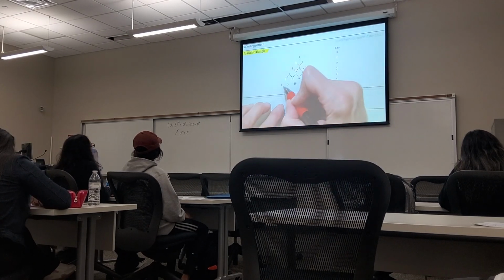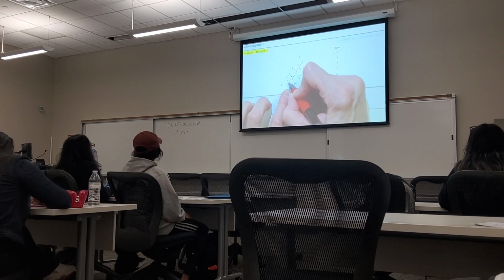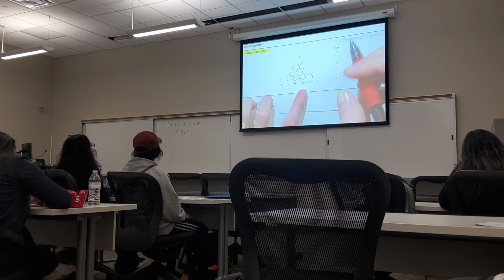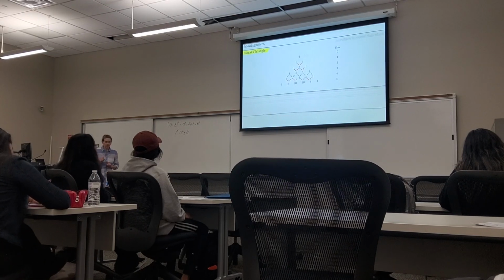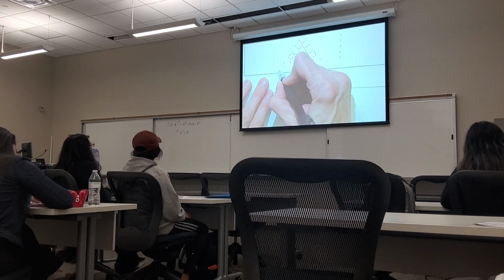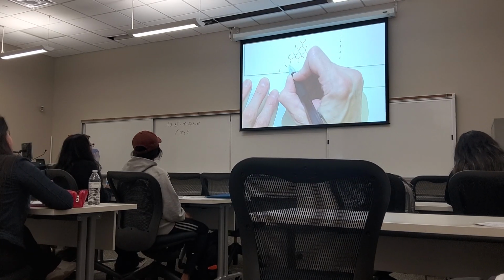Then if I start with 1, it would be 1 plus 4 gives me 5, 4 plus 6 gives me 10, 4 plus 5 gives me what? 5, correct? So I immediately know the coefficients in my next line. Can I write them? Yes, so 1 is the outer, what would be here? 6.